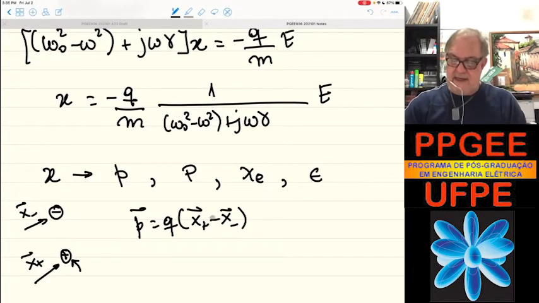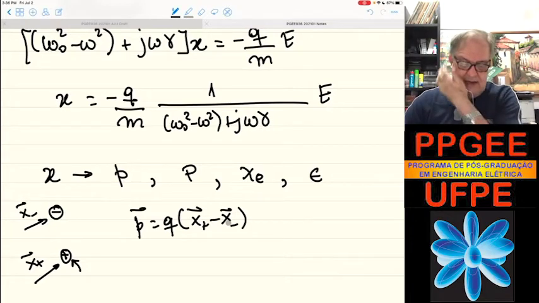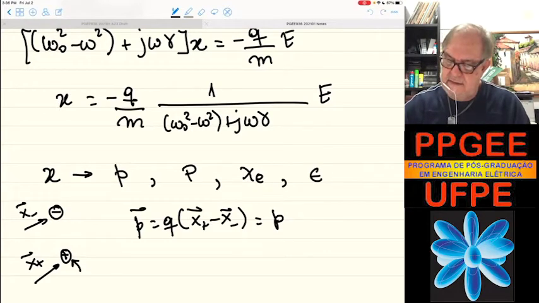Why is the minus? Because it's q times x plus, plus the negative charge, which is minus q, times x minus. That's where the minus comes from. So, which equals p x, that's it.